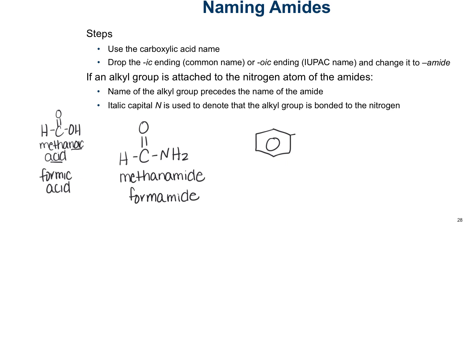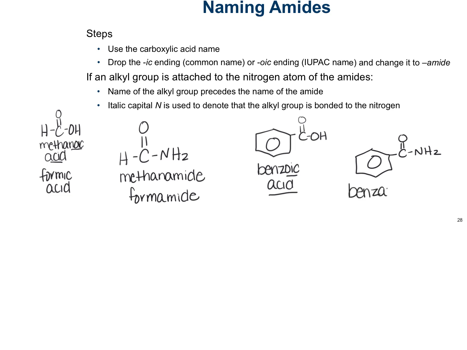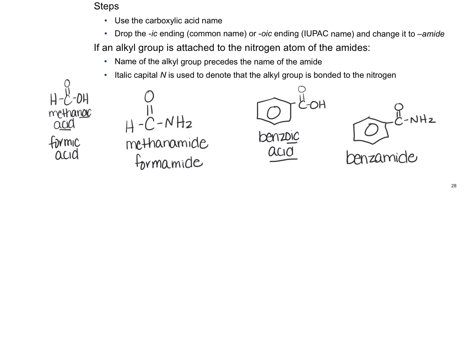So when we think about the amide that's similar to benzoic acid, it would look like this. And so this would be benzoic acid. And we would remove the oic acid part and we would just call it benzamide. And so these are some ways that we can name amides.